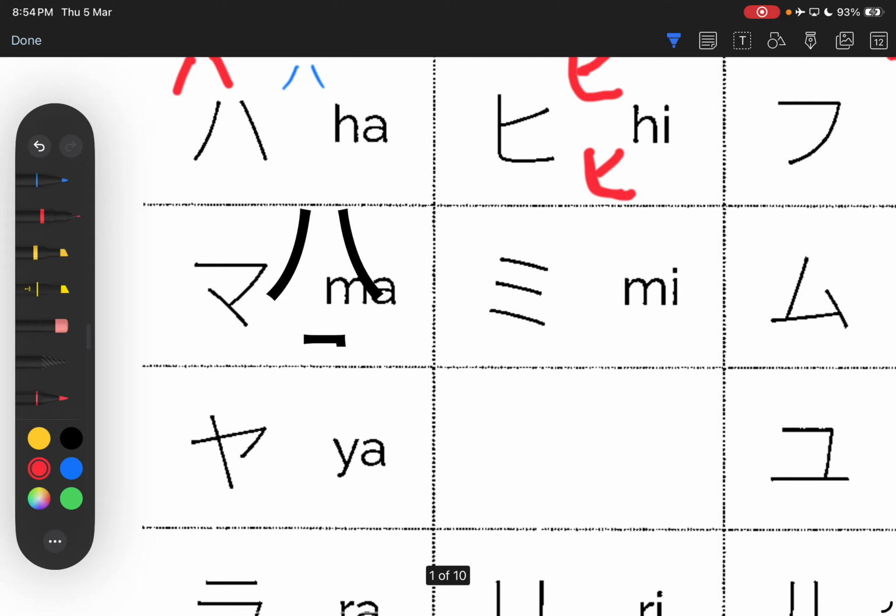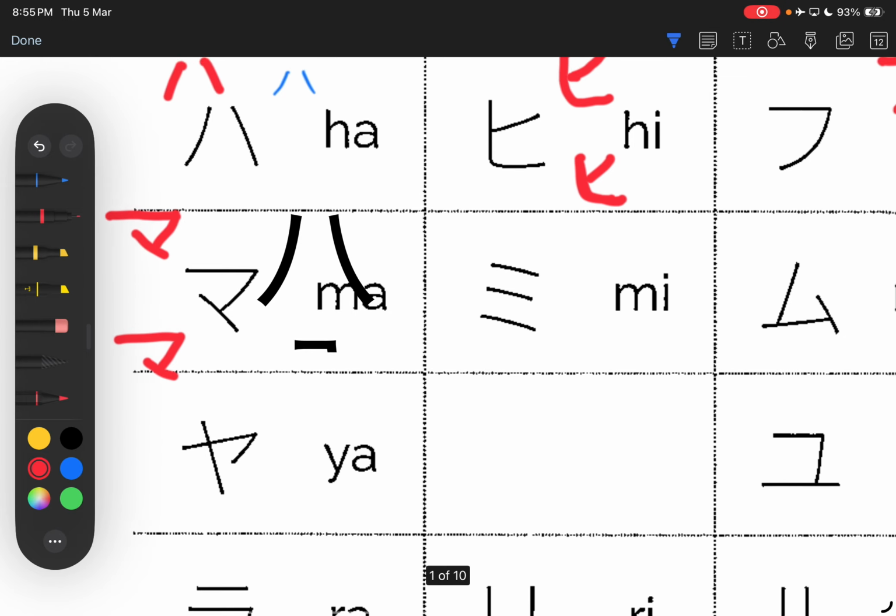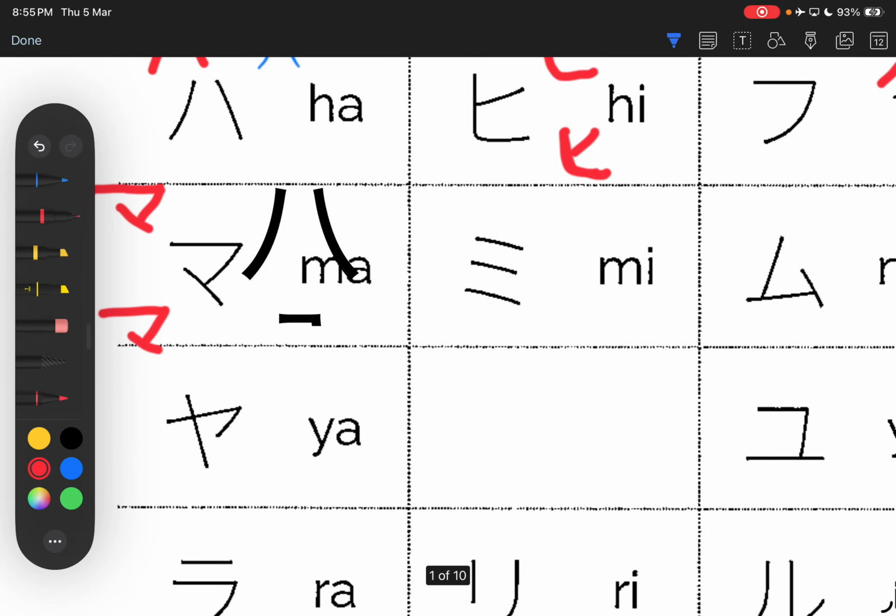Next we have ma. Ma is a horizontal line with a short pullback, and then another slanted line. Ma. So 1, 2, 3. Next we have mi.